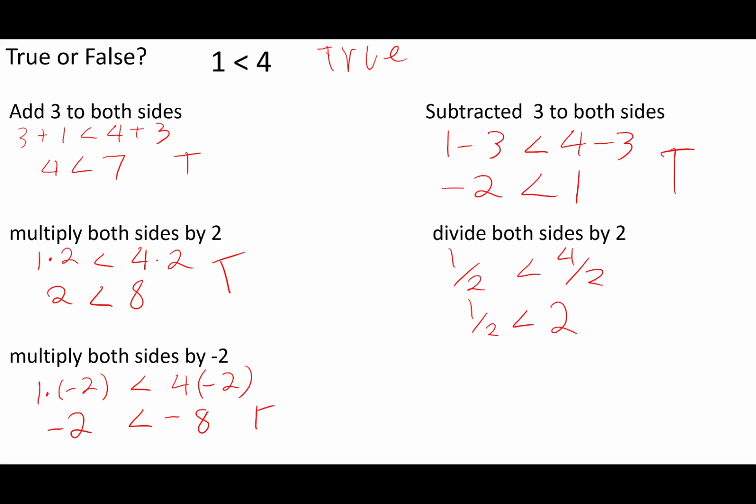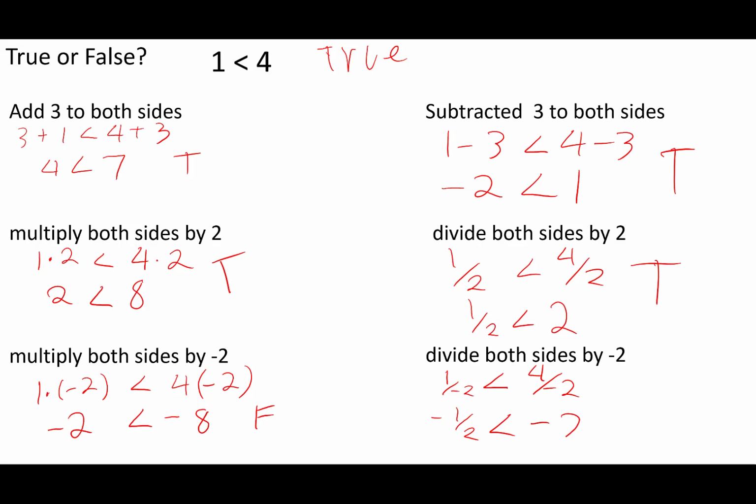Which is false. And I'm going to do the same thing with dividing by a negative 2. So 1 divided by a negative 2, is that still less than 4 divided by a negative 2? Well, we get a negative 1/2 here, less than a negative 2, which is false.